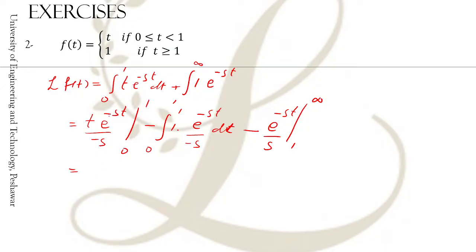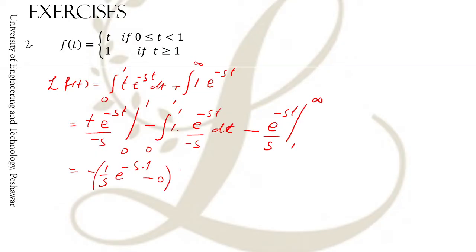Now, if you put t equal to 1 here, it will give you minus 1 over s e power minus s into 1. Whereas for the second part, it will give you 0, because when I put t equal to 0, that gives you 0.